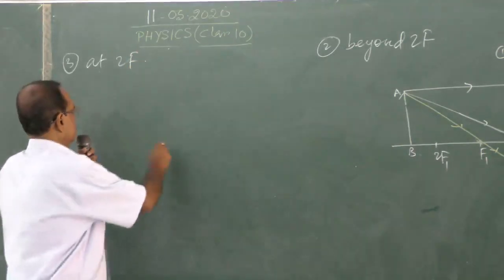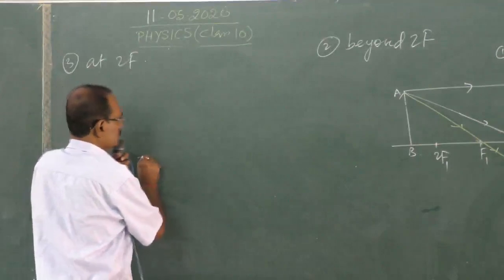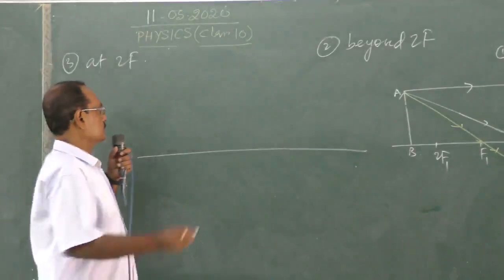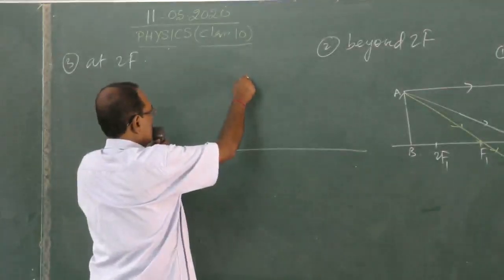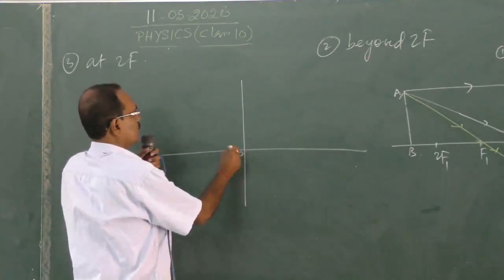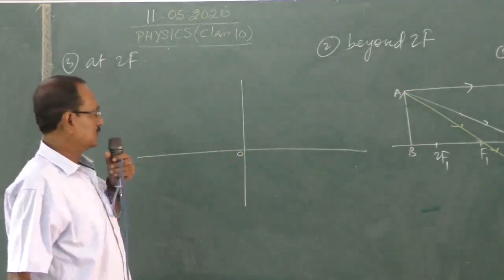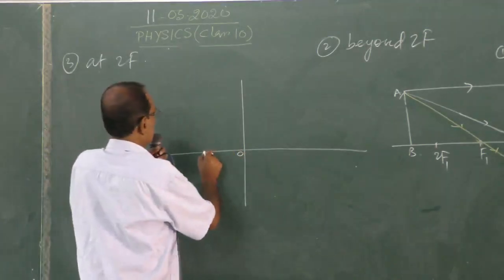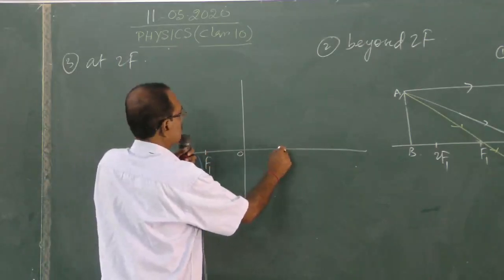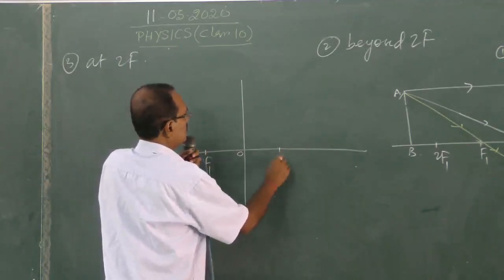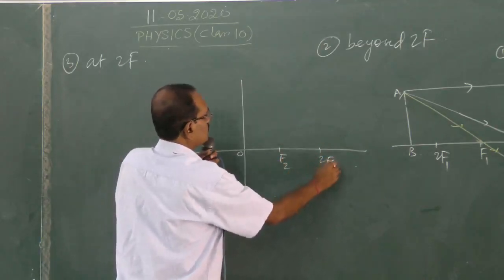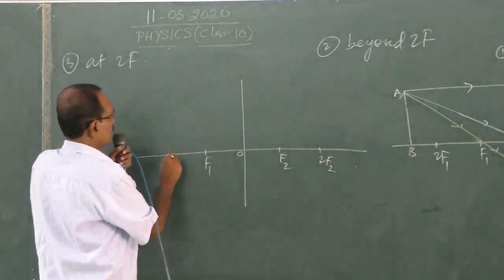First draw the principal axis, the central line of the convex lens, mark O, the optic center, F1, F2, 2F2, 2F1.